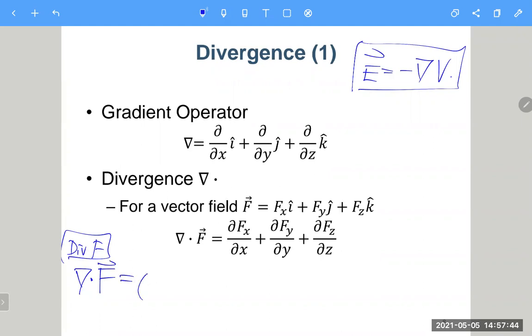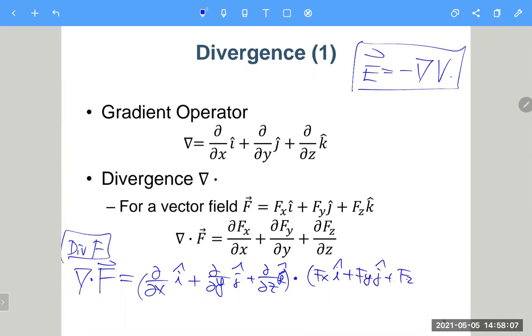So it is like partial x i hat plus partial y j hat plus partial z k hat, dotted with fx i hat plus fy j hat plus fz k hat. When you calculate the inner product, you multiply this one with this one. So this is partial fx partial x.